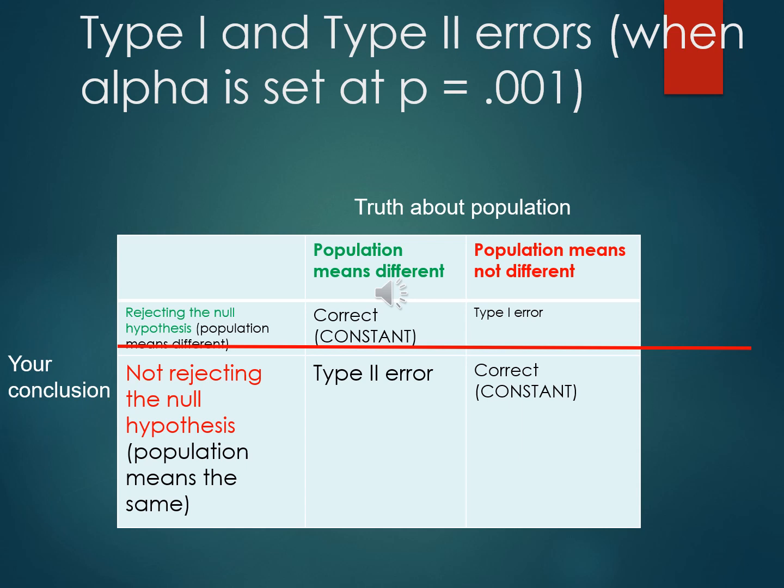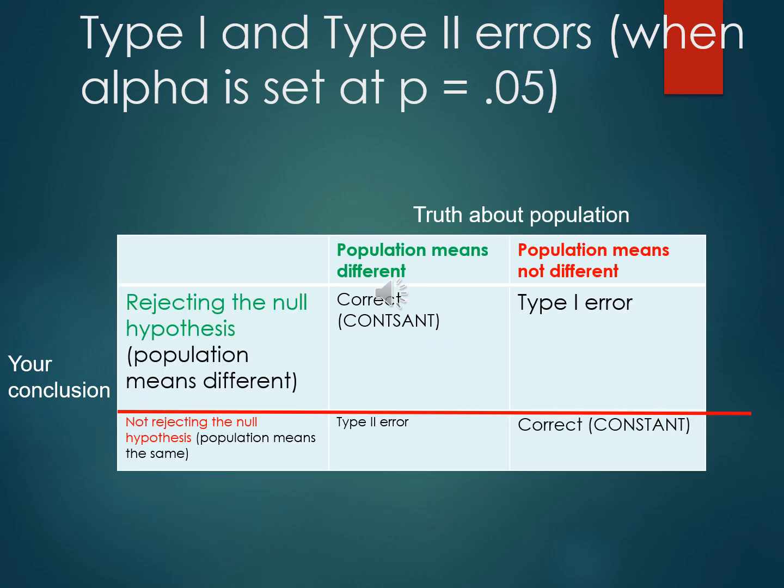This means you're making it very difficult to reject the null hypothesis because your decision threshold is very high. Unless you get a really extreme t-value or f-value, you are not going to reject the null hypothesis. Because the area of rejection is very small, type 1 error gets very small as well. However, type 2 error increases because you have a large chance of not rejecting the null hypothesis.